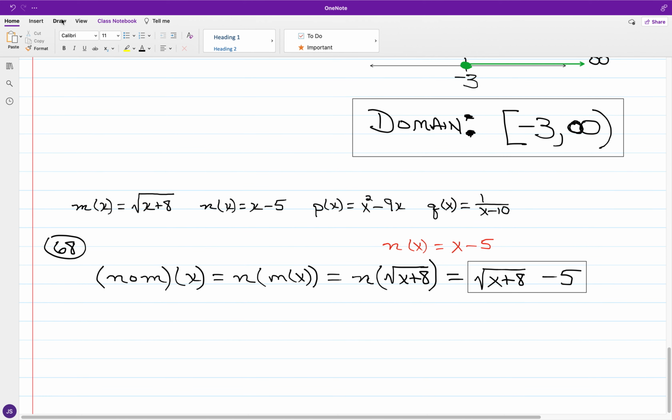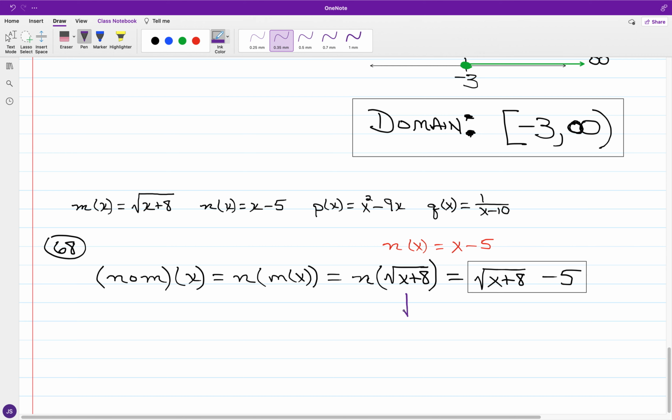In terms of the restrictions, we have the input, which is now the square root of x plus 8. Again, just a bit of history that repeats, like what we had with x plus 3 moments ago.